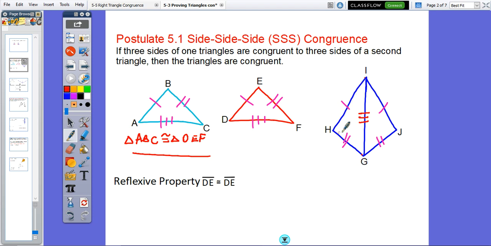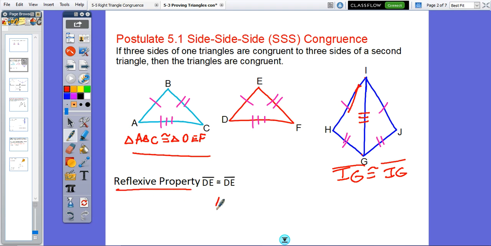Now, this one, for example, they're both facing the same direction, facing upwards. So we'll say IG is congruent to IG, because they both share that same one side. Even though it's one side, it's almost treated like two different sides, because they're part of two different triangles. This one side is congruent to itself. We call that the reflexive property.